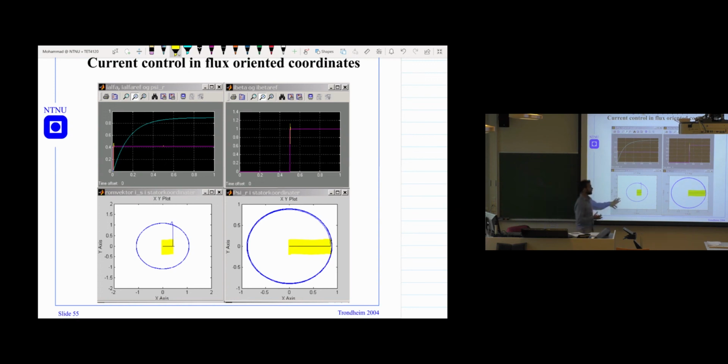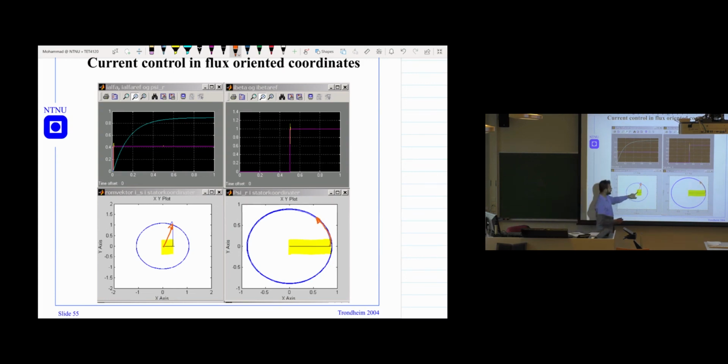Once it reaches there, now we have magnetized the machine. This is the condition where we magnetize the machine, and then we apply the d-axis current, not d-axis, beta-axis current to produce torque. So now we provide this beta-axis component, and we have the current vector like this. When you apply the beta-axis component of the current, you see that the machine starts rotating.